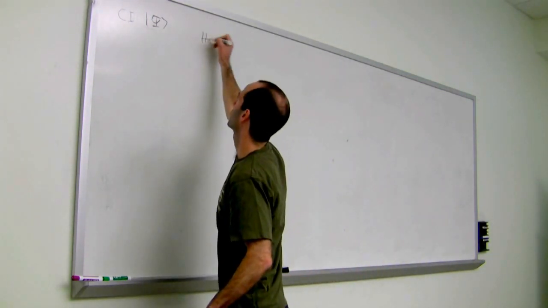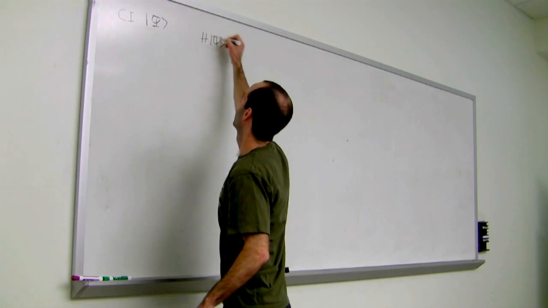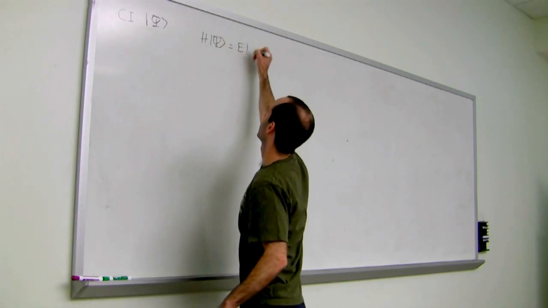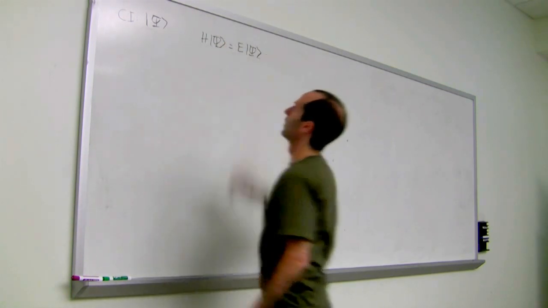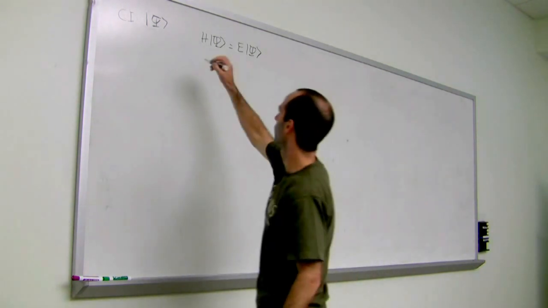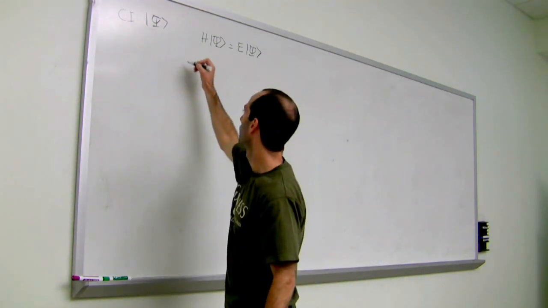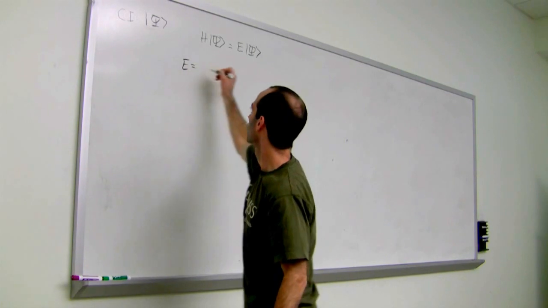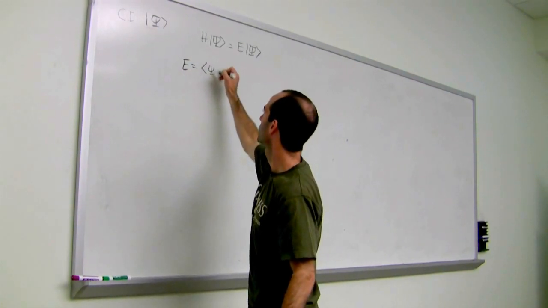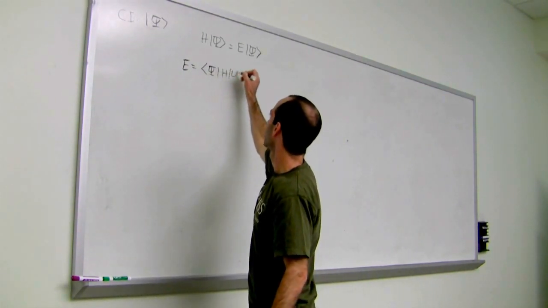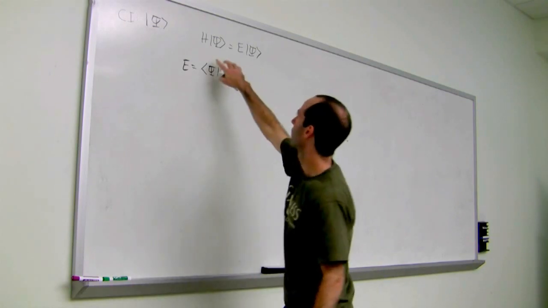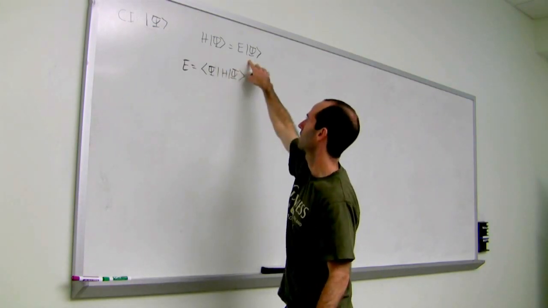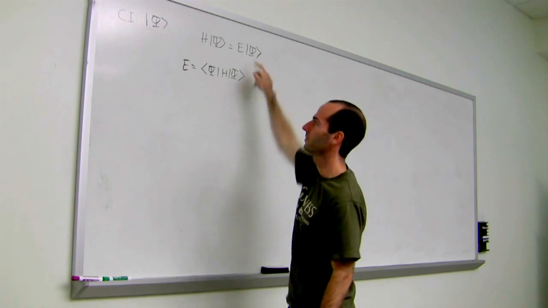So in all cases, we have H psi equals E psi. I'm going to left multiply by the wave function and get an expression for the energy. So E is equal to psi H psi, and because we're in intermediate normalization, I can't just say the wave function overlapped with itself is 1.